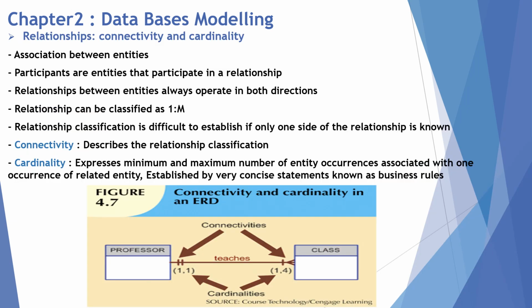Relationships are very important in the ER model, which are associations between entities. Two main features should be considered: connectivity and cardinality. Connectivity describes a relationship classification, while the cardinality expresses the minimum and maximum number of entity occurrences associated with one occurrence of the related entity, established by very concise statements known as business rules.